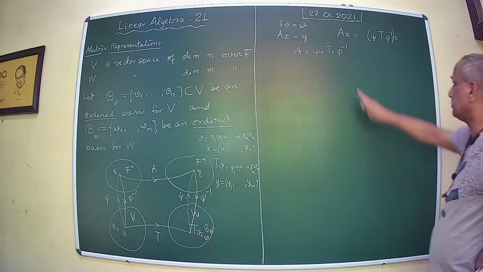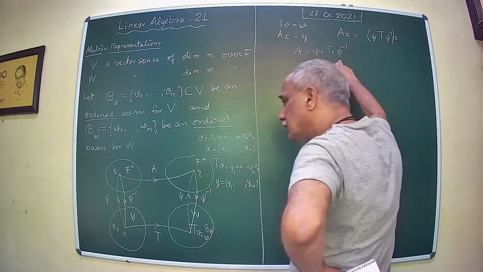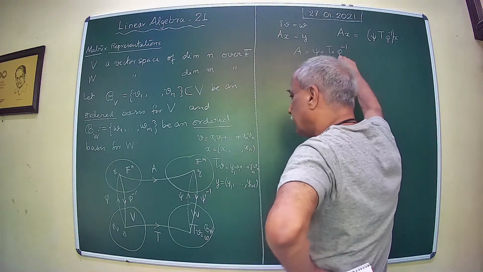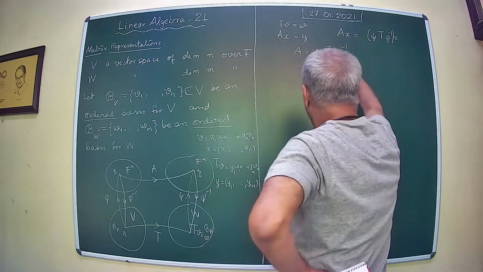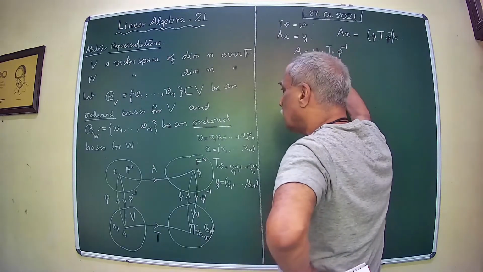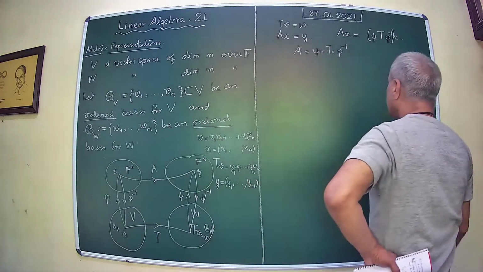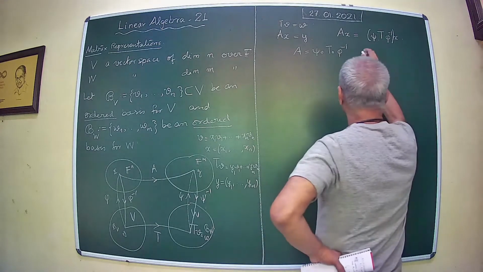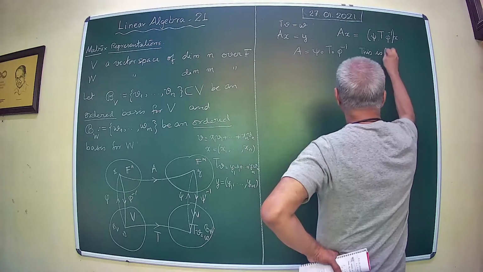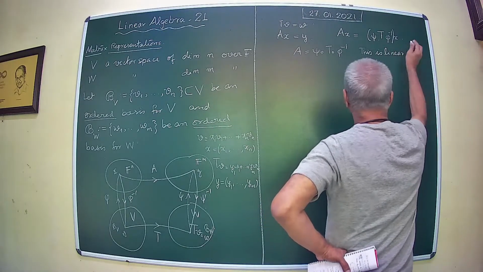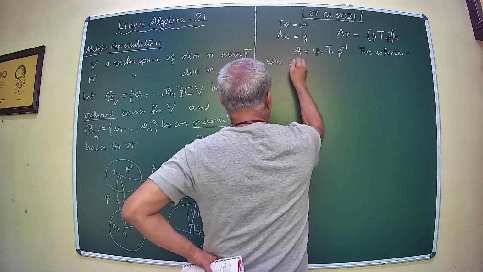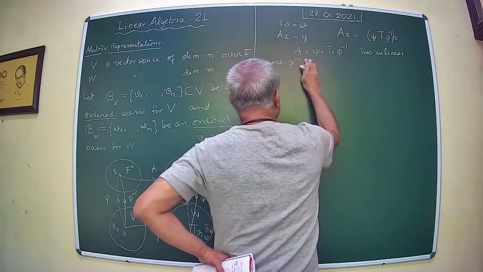And you know that phi inverse is linear. T is linear. Therefore, T composition phi inverse is linear. Now, psi is linear and the composition map is also linear. Therefore, this is linear.